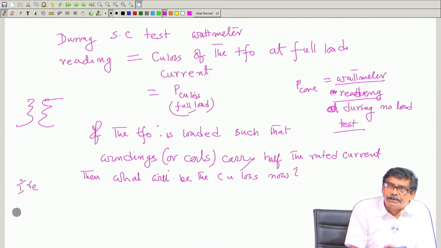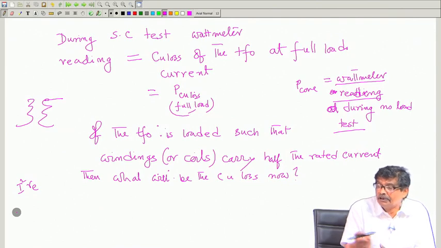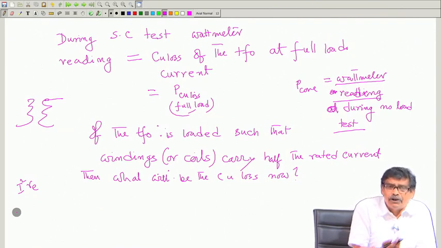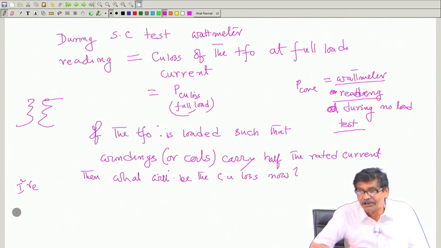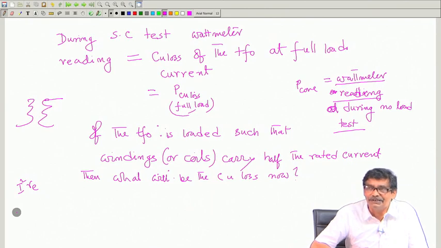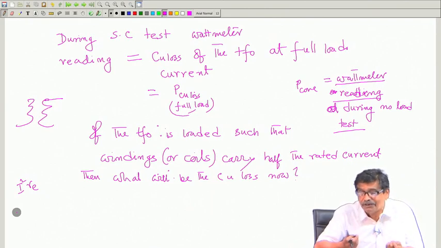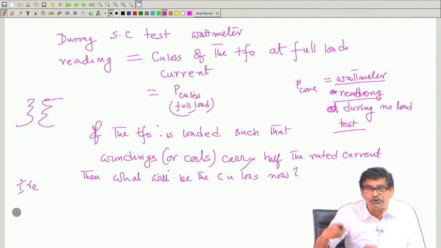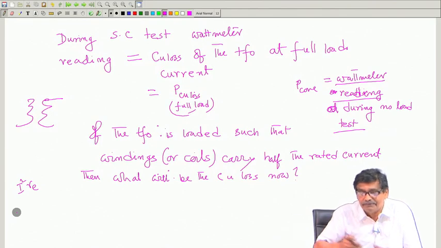I will try to exploit this simple equivalent circuit. No point in separating R 1 R 2, because after all from open circuit short circuit test you cannot separate R 1 R 2. It comes as R e 1 as a package, R 1 plus a square R 2, or R 2 plus R 1 by a square.